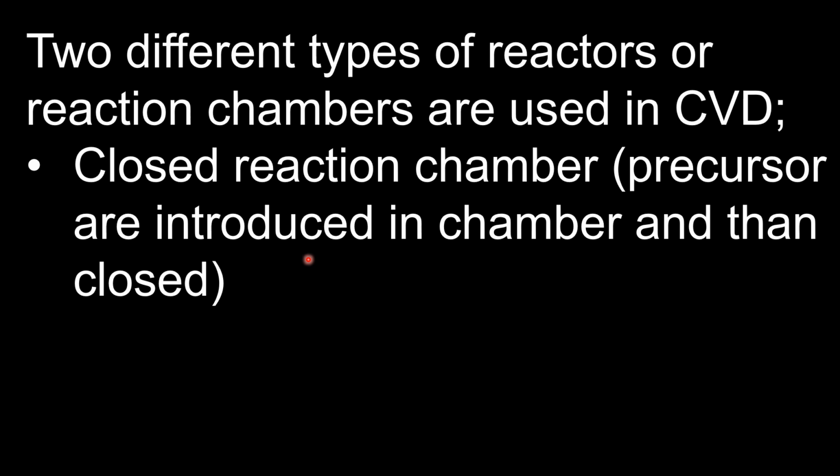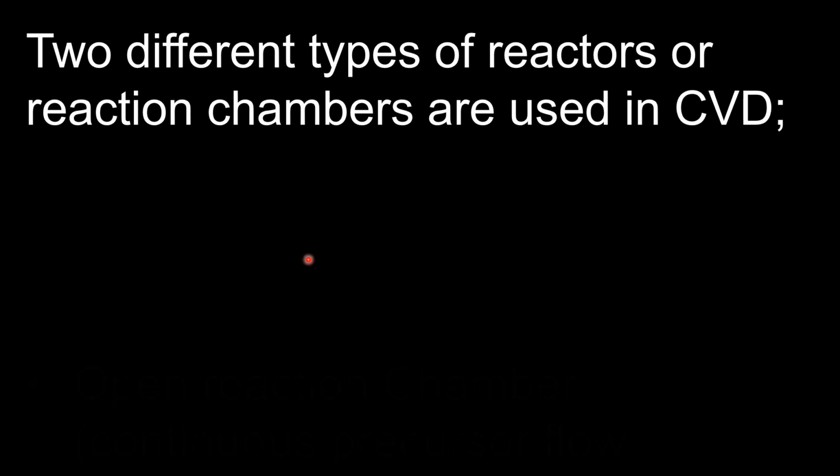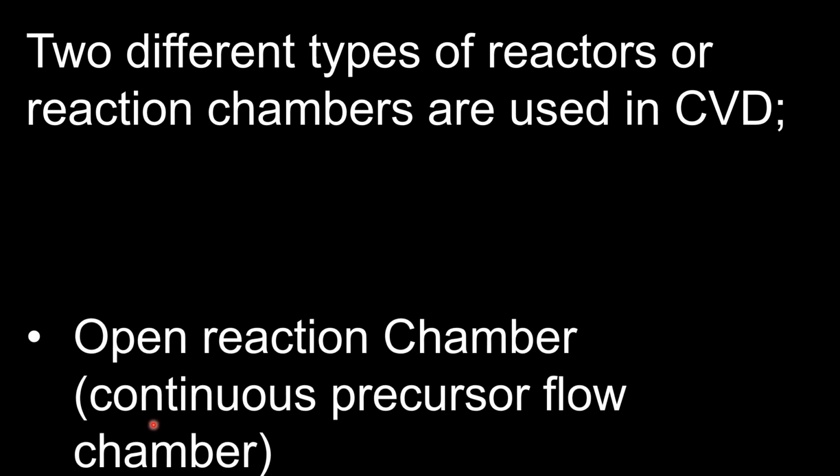So in order to achieve a controlled deposited thin film onto the surface of the substrate, you need to have an open reaction chamber. Basically, an open reaction chamber consists of a continuous flow of a precursor material in a chamber.